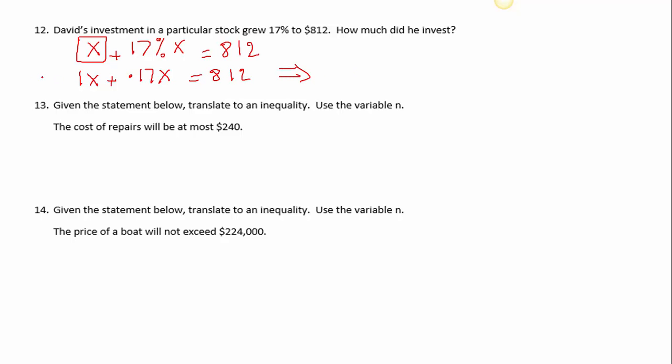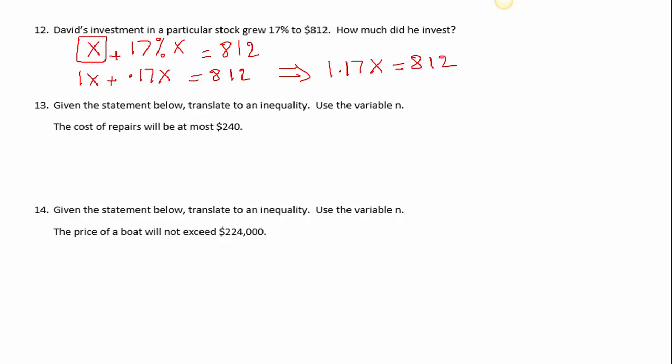This implies 1 plus 0.17 is 1.17x equals 812. So by adding the x's, we add 1 plus 0.17 and we get 812.